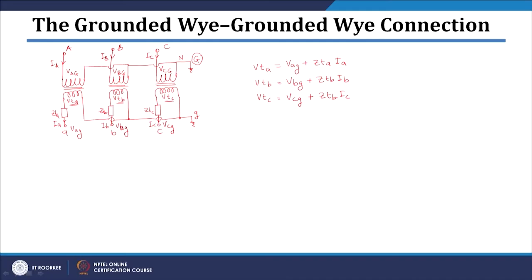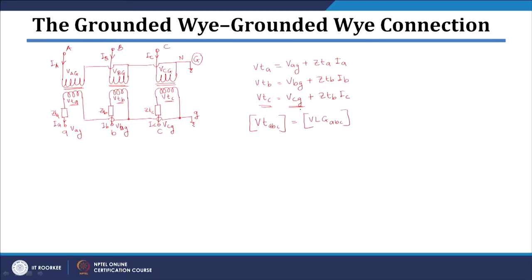And as I told you, we can collectively write these three terms together. So, this will be nothing but VTABC, which represent all these three voltages, which will be equal to, these are basically, as I told you, line to ground voltages. So, we can use term VLG, because in this case also neutral is grounded, VLG small abc.